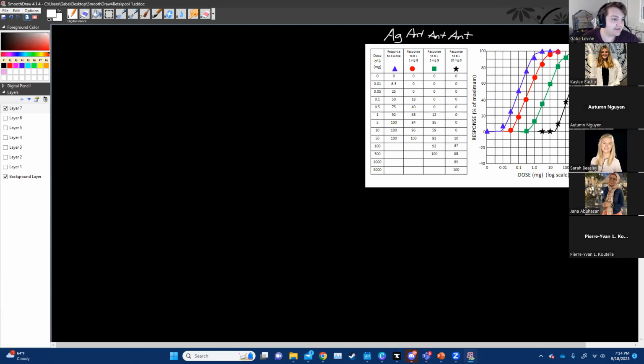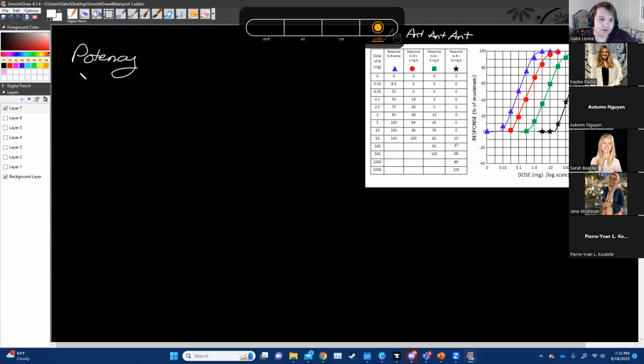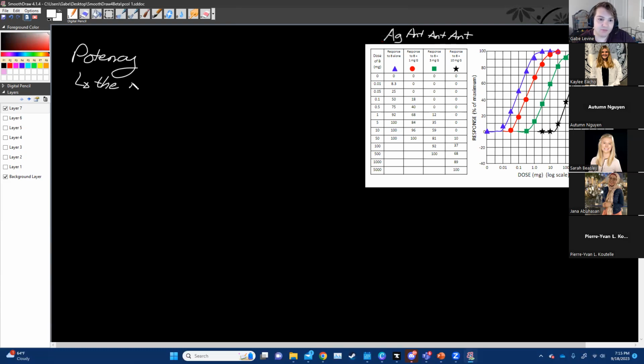What's important to know about graphs like this is the shift along the x-axis. Remember that one of the ideas of potency is the milligram amount to achieve the same response.